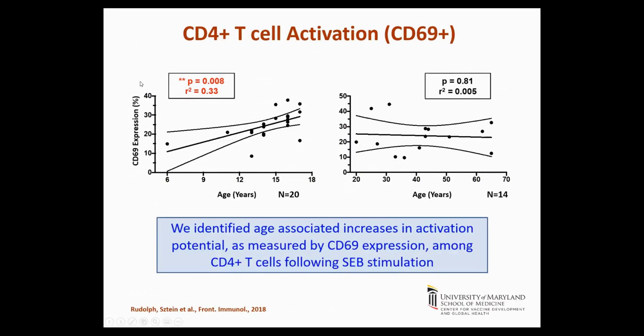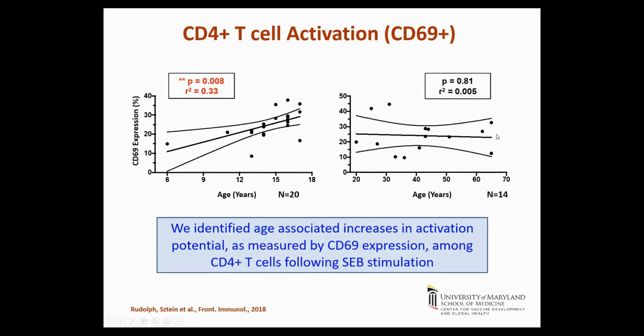If we look at the CD4 levels of T cell activation as measured by CD69 expression, which is a marker of general activation, you can see a close statistical correlation as the children age. In contrast, in adults, those differences are not apparent.